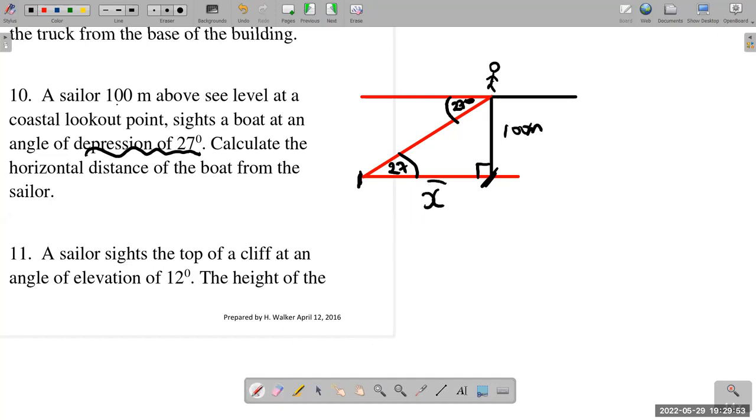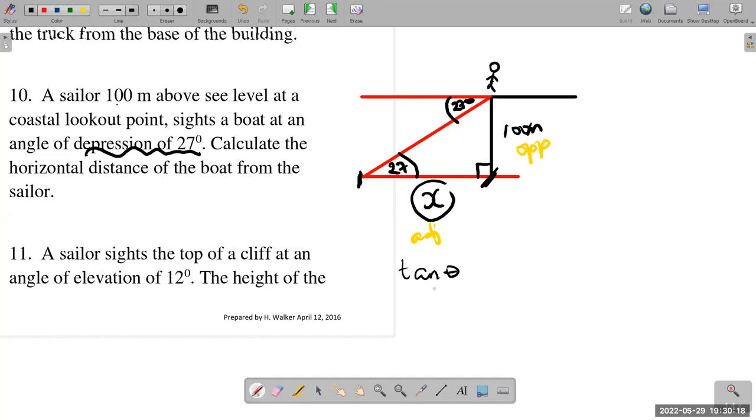Since we want X, what did they give us? They're saying the opposite. And wouldn't X be the adjacent? So what trig ratio should I use? Tan. Everybody realize it always comes down to the triangle?